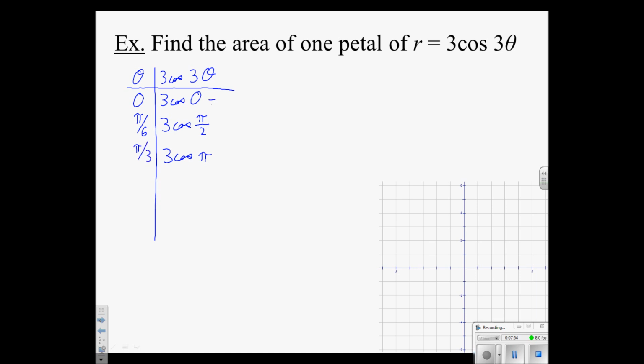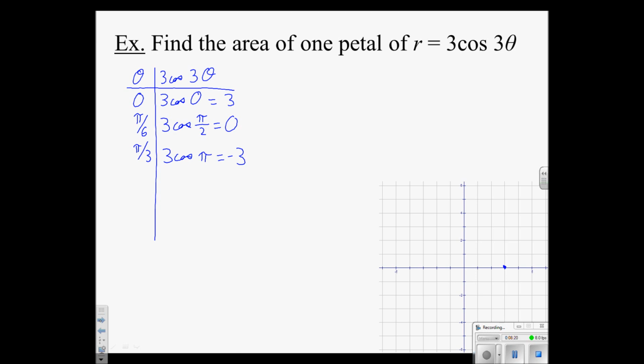Okay, and then of course cosine of 0 is 1, cosine of pi over 2 is 0, cosine of pi is -1. So we get that. Now, I'm going to need more than this, but let's just start with this. Or actually, maybe I won't need more than this. So when theta is 0, I'm going to go out 3 units and put a tick mark.